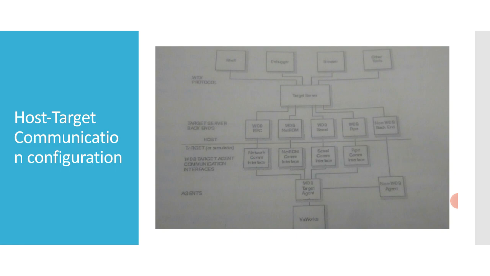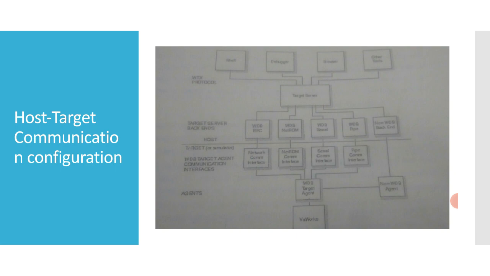Host tools such as the shell and debugger communicate with the target system through a target server. A target server can be configured with a variety of backends, which provide for various modes of communication with the target agent. On the target side, VxWorks can be configured and built with a variety of target agent communication interfaces.